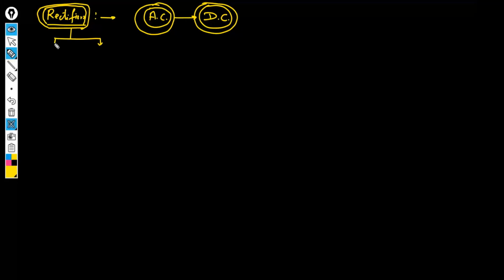Okay. Now two types of rectifiers are there. First one is the half wave rectifier. Now in a half wave rectifier, the basic thing is one step down transformer.